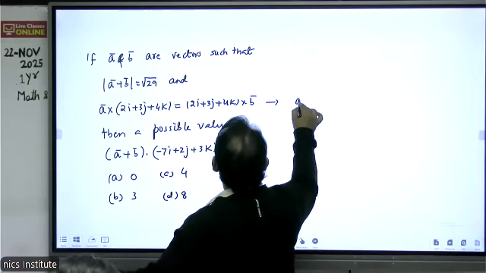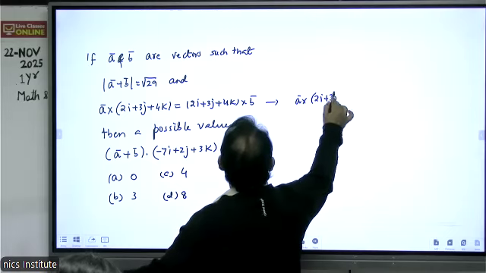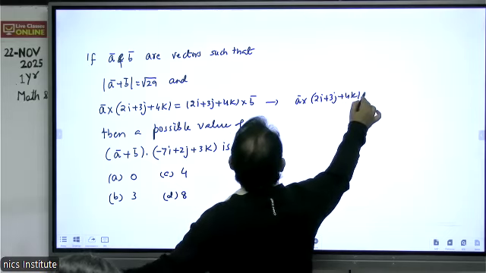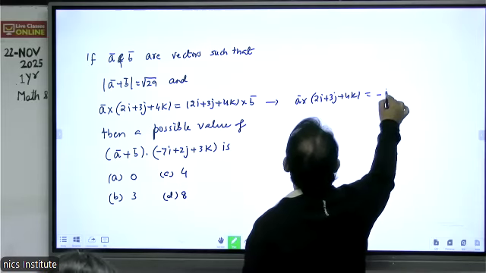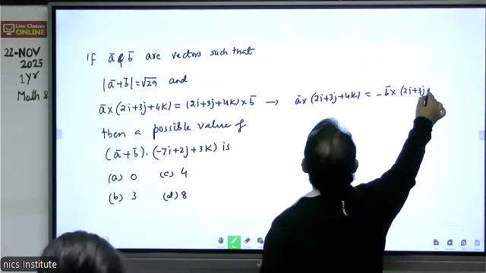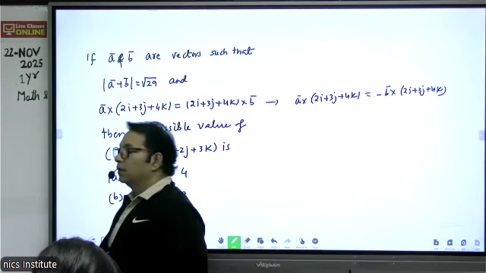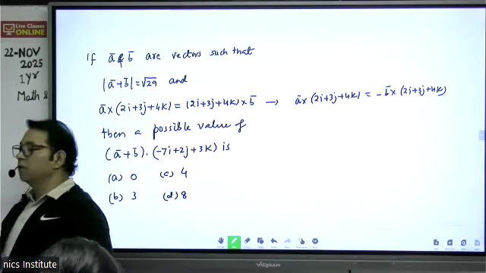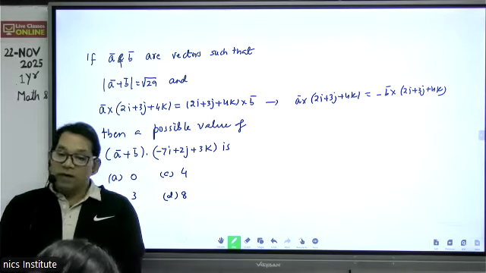This you can write as A cross 2i plus 3j plus 4k. You can interchange these two, no? So it'll become minus B cross 2i plus 3j plus 4k. Right? राइट साइड में मैंने A क्रॉस B को इंटरचेंज कर दिया, नेगेटिव साइन आ गया. अब उसको लेफ्ट में ले आओ.